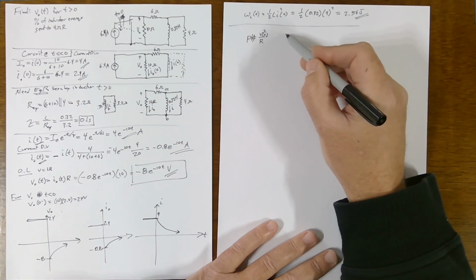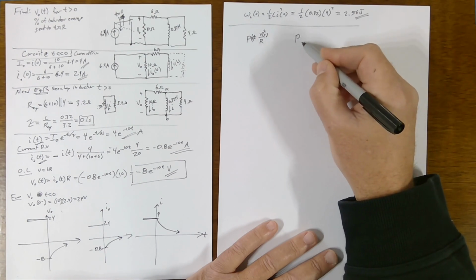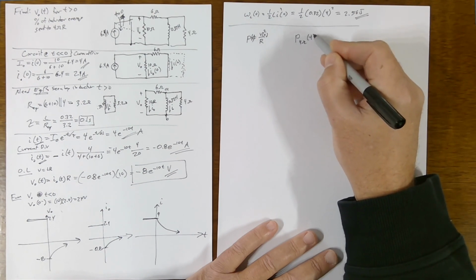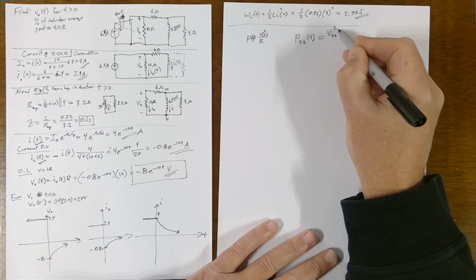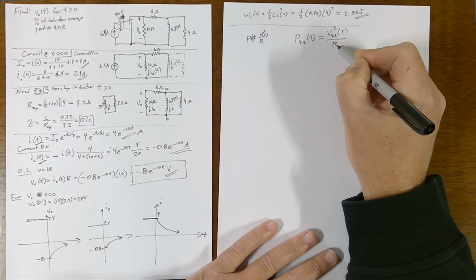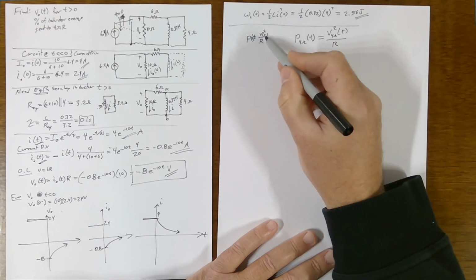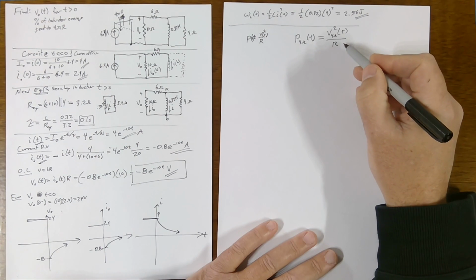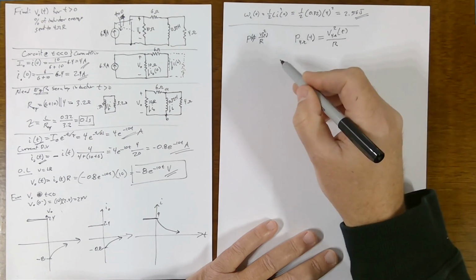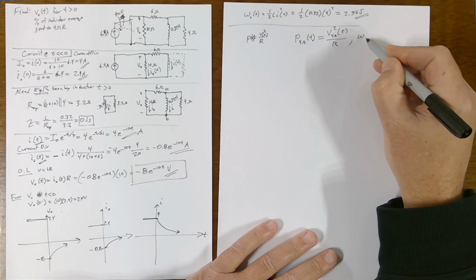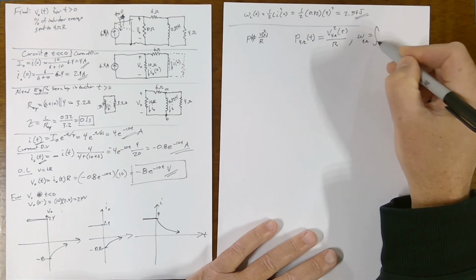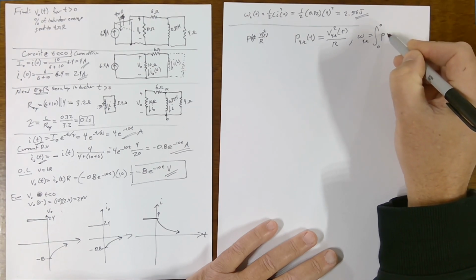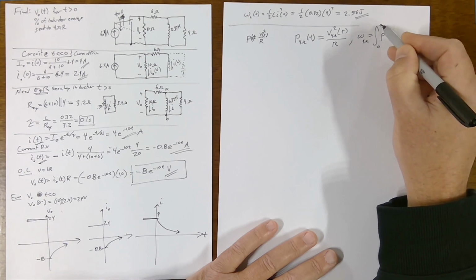So if we had power in the 4 ohm as a function of time, given by voltage squared over R, just what I wrote over here, just a little bit nicer, then the total energy in the 4 ohm would be integrating this power, integrate P of t from 0 to infinity.